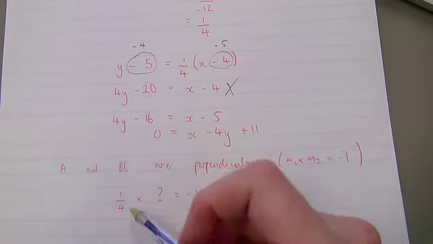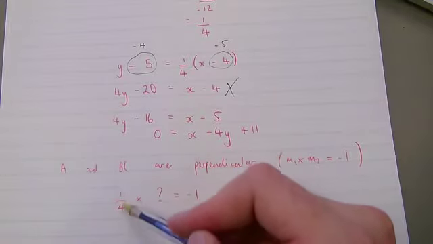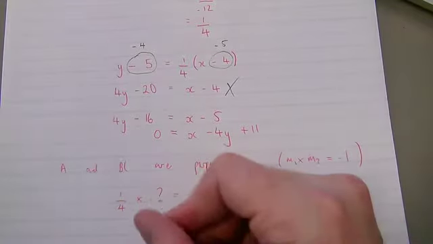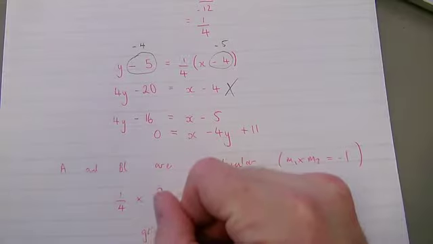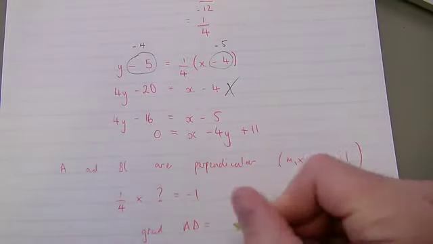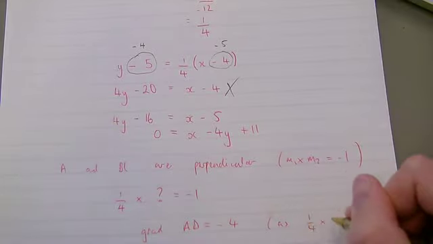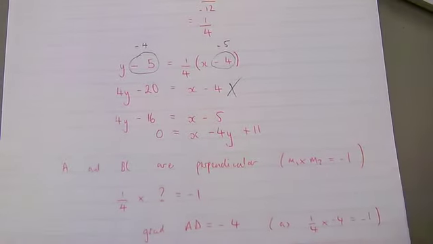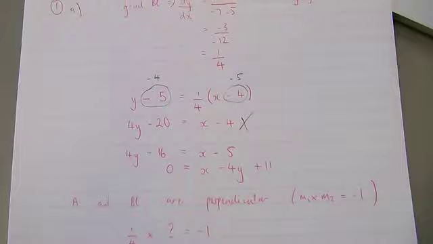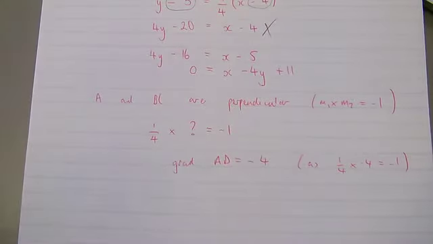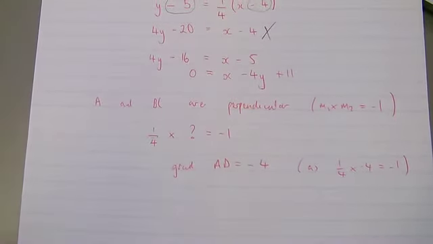Well, it's always this one flipped to its reciprocal, and one of them must be negative. As that's not negative, this one must be negative. Therefore, my gradient of AD must be equal to minus 4. I can say a quarter times minus 4 equals minus 1. Okay, that's the condition from perpendiculars. And then from there to work out the equation of AD.